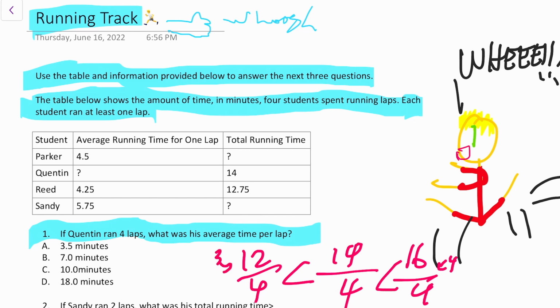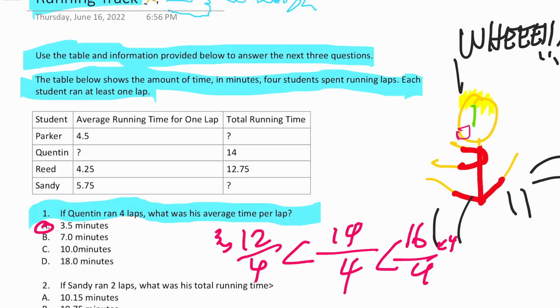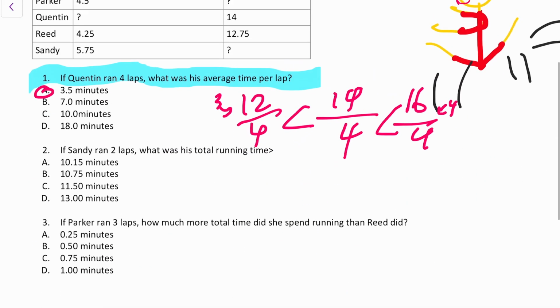And one number here is less than 4, but more than 3. There's actually only one that's less than 4, so it's A.